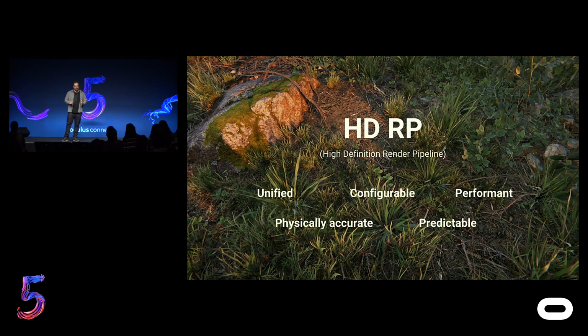Another aspect is it's unified. Now, when I was getting my head around HDRP, I was kind of wondering, what does that mean, unified? Well, typically, how rendering works in game engines is, to make it real time, everything is sort of phenomenological, as they say, which is another word for hacked, really. What that means is if I need to do transparency, I'll kind of add that and figure out how that works and tweak it until it looks like it fits with everything else.